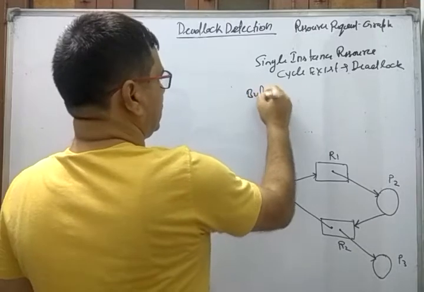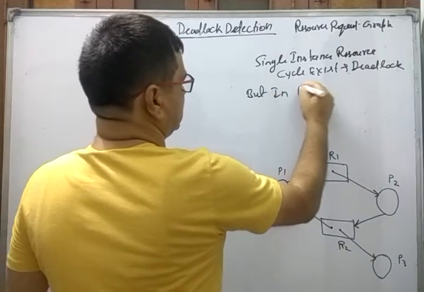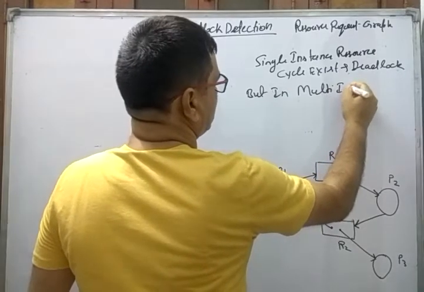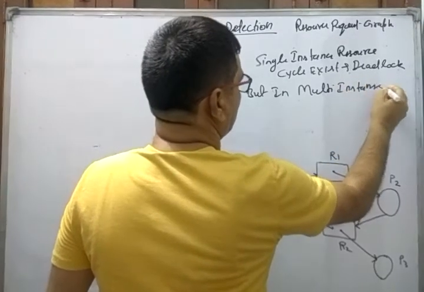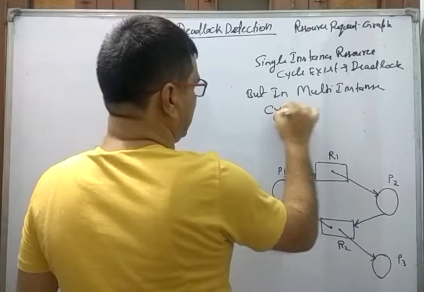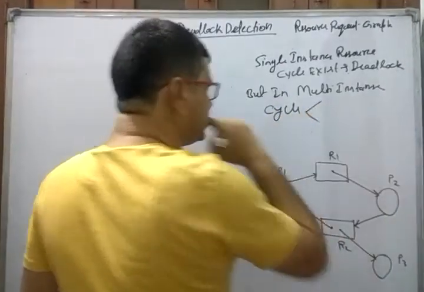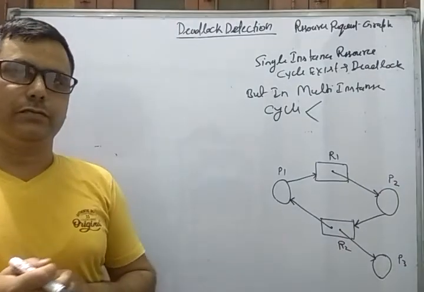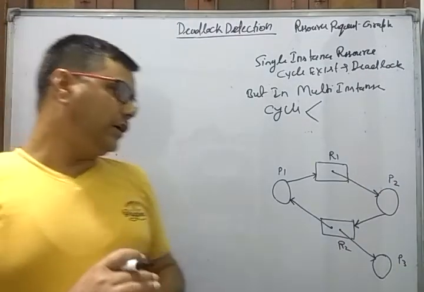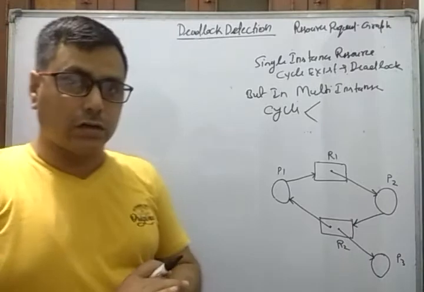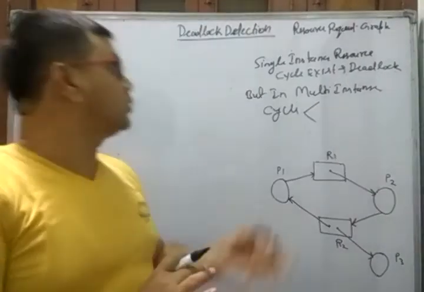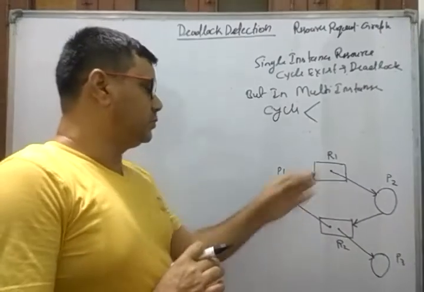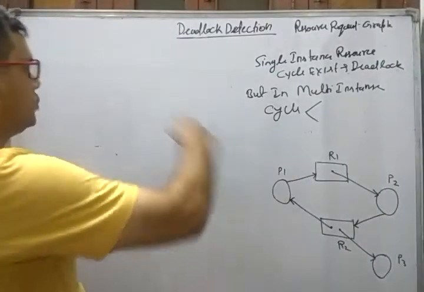But in multi-instance, if there is a cycle, there are two conditions: deadlock may occur or deadlock may not occur. Then how will we find out if there is a deadlock or not? Again, we will examine it with the deadlock detection algorithm. We will make a resource request algorithm chart.